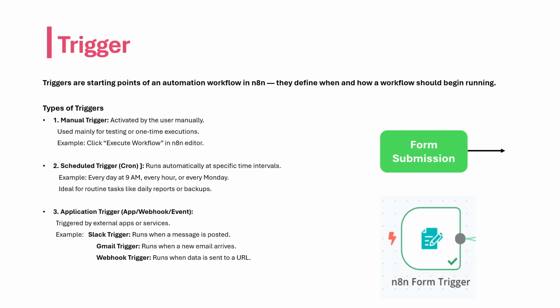So there are certain types of trigger. First is manual trigger, which is activated by the user manually, used mainly for testing or one-time execution. Like clicking execute workflow in the n8n editor, which we will discuss in later videos. Second is schedule trigger, also known as cron. It runs automatically at specific time intervals.